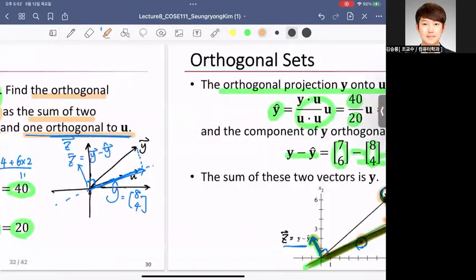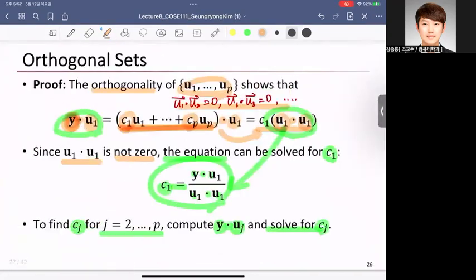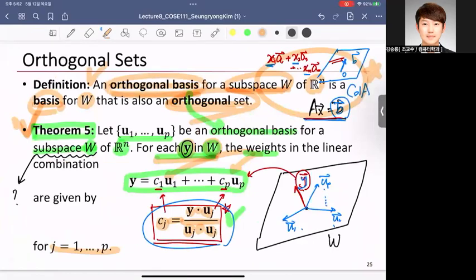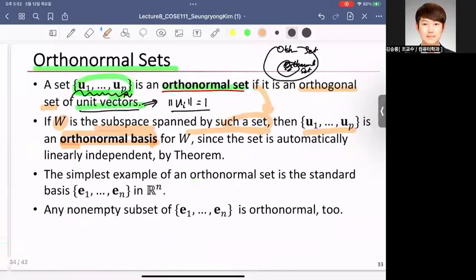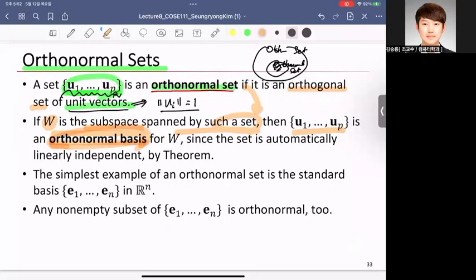Same definition of orthonormal basis. In this case, since the set is automatically linearly independent, right? Because they are an orthonormal set, an orthogonal set.